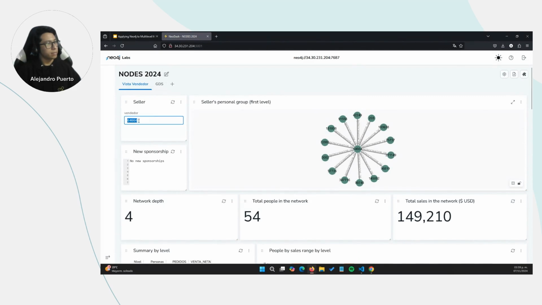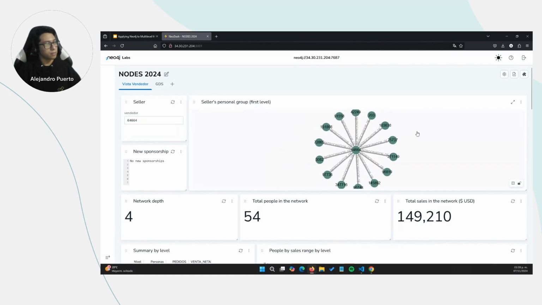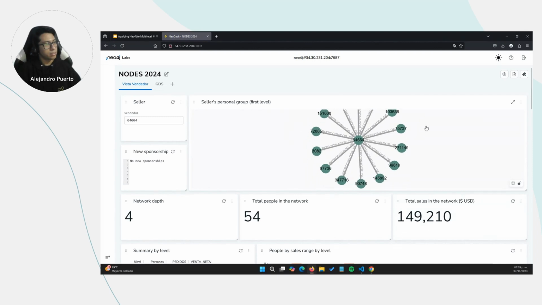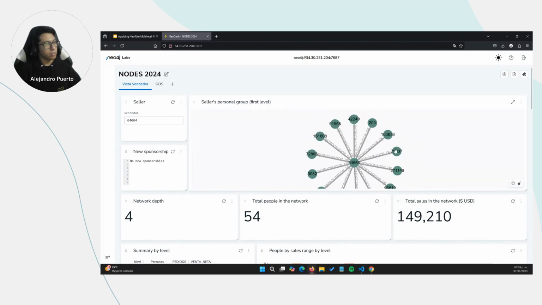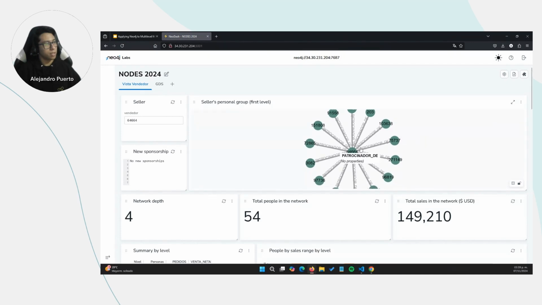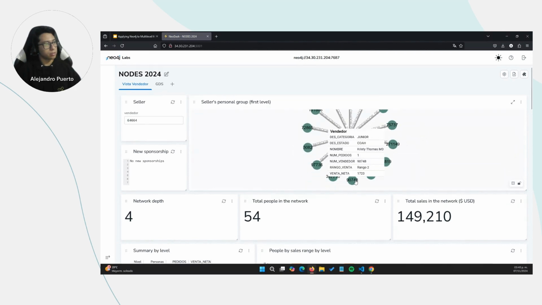We need to find some seller ID. This has the seller ID that looks at the information of this seller. So in this first look, we show the first level of the seller's personal group, and in the center is the current seller and their first level sponsored people.